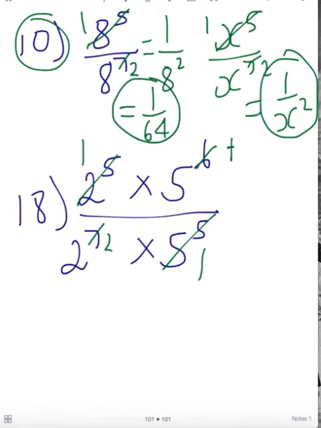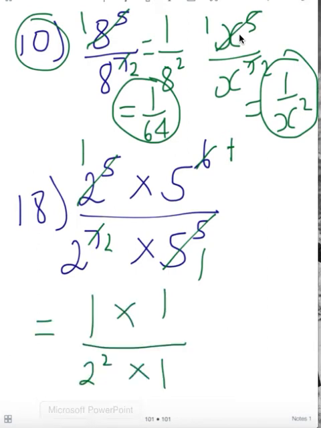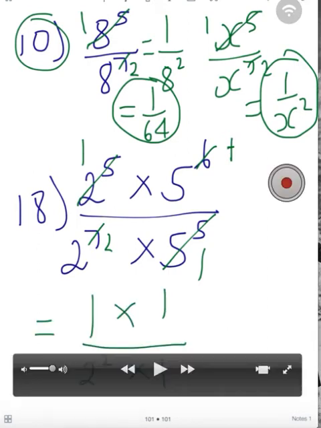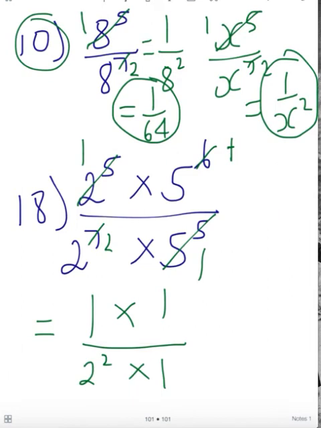So what I'm left with is 1 times 1 on top over 2 to the power of 2 times 1. Okay, and now let's fix this up. Well, 1 times 1 is just 1 over, now 2 squared is 4, and 4 times 1 is 4.